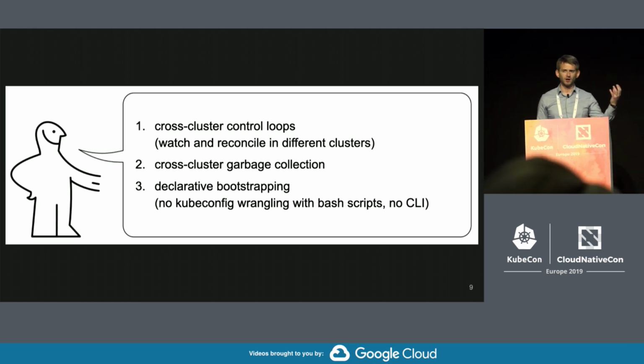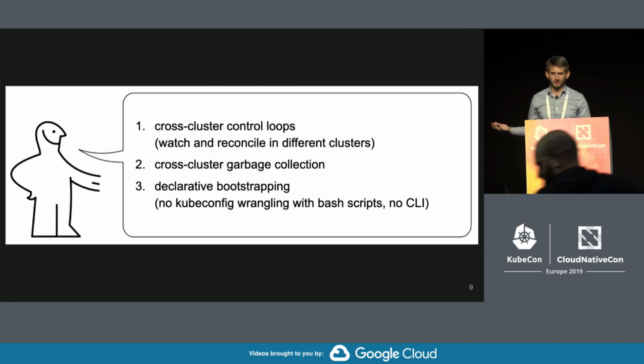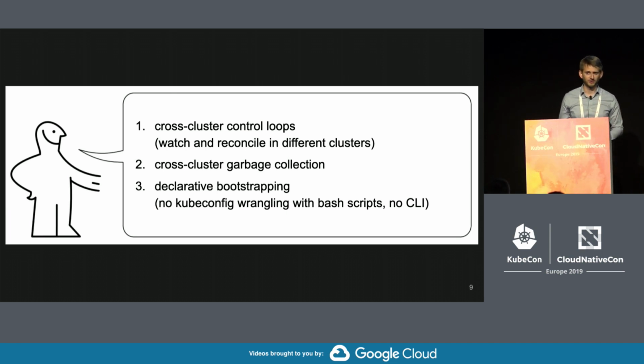Say you have a high-level API in one cluster and some either Kubernetes or other custom APIs in another, and I want to reconcile them. But then if I delete an object in one cluster, I want the dependent resources to be deleted in the other cluster, and we don't have garbage collection across clusters.